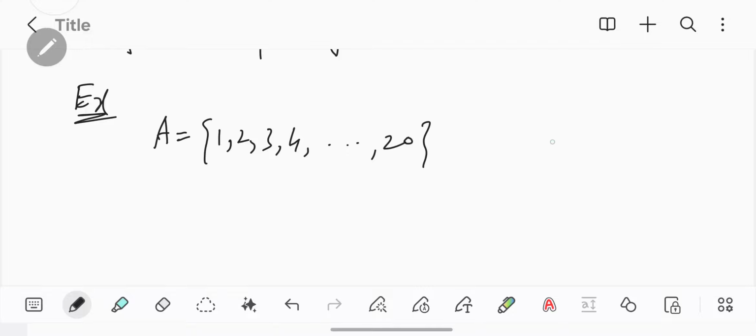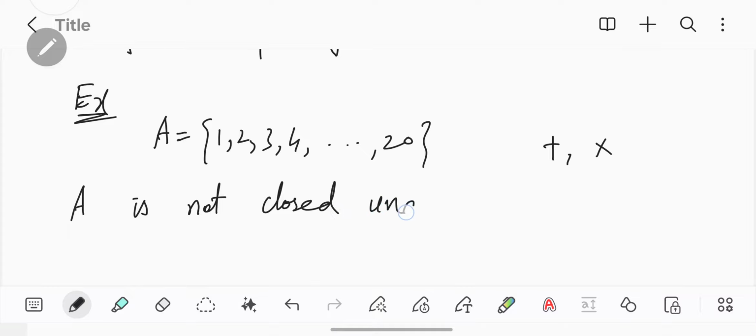There are two common operations which are used here. Your star can be either plus or multiplication. So for example, you take star to be plus, this set A is not closed under addition. Why is it not closed?